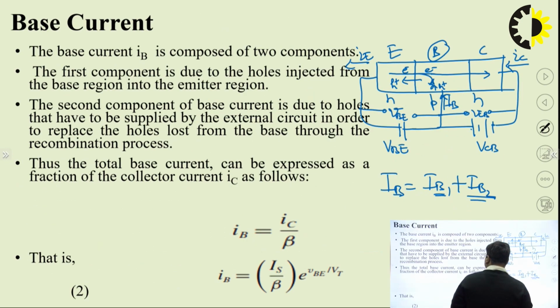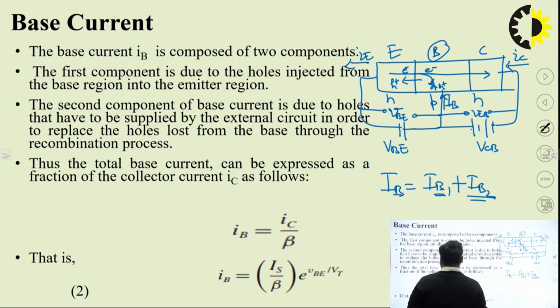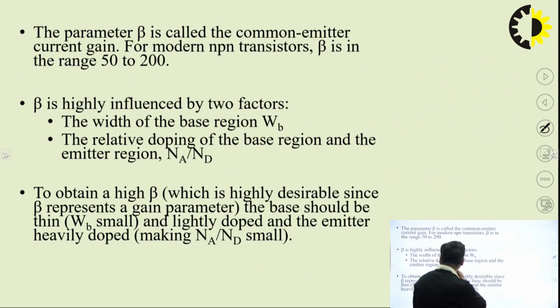So we are getting two components of the IB current, IB1 and IB2, and IB is equal to IC upon beta. Beta is a constant factor, a device parameter, and beta depends upon the doping of base relative to emitter, as well as the base width WB, the actual width of the base region.